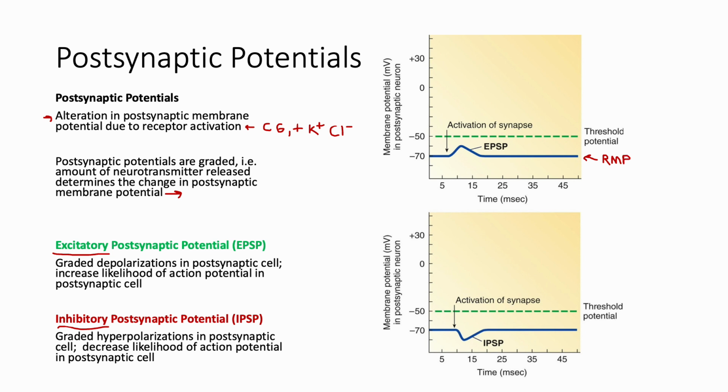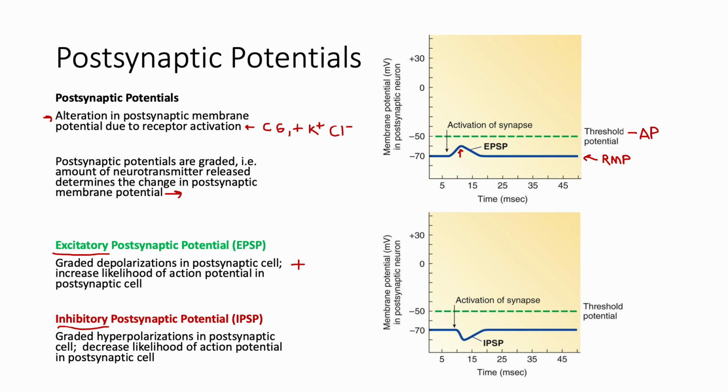Now, if we have a depolarizing charge or ion moving into our postsynaptic cell, we say that is excitatory. It's excitatory because it is moving us closer, right? We can see one right here, to threshold at negative 55 or so. And once we hit that dashed line there, that's when we get action potential.